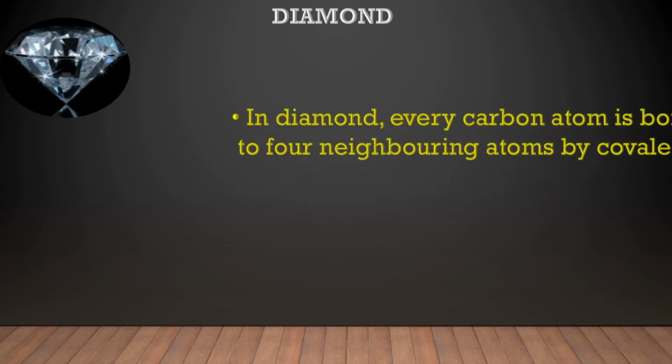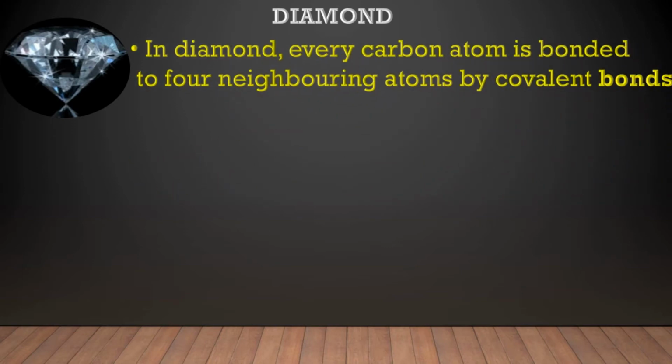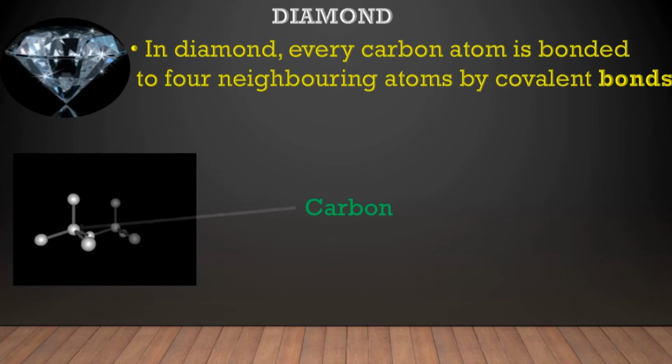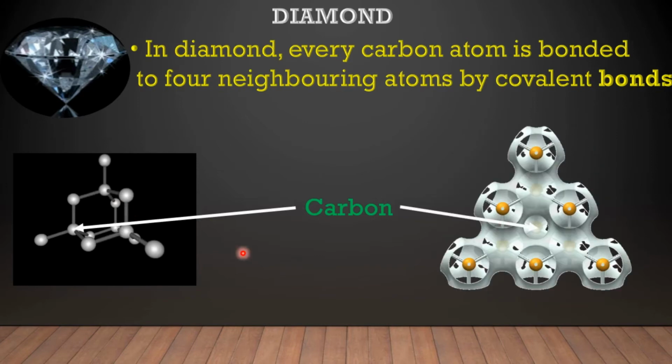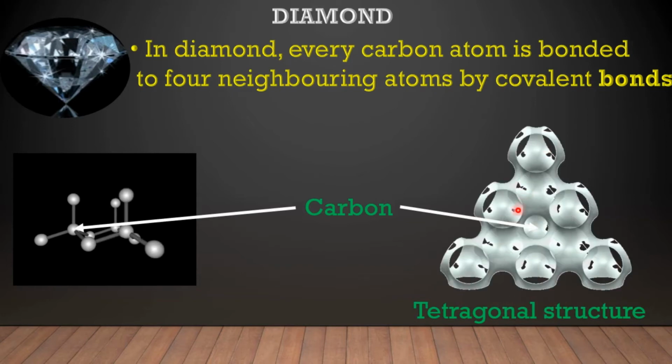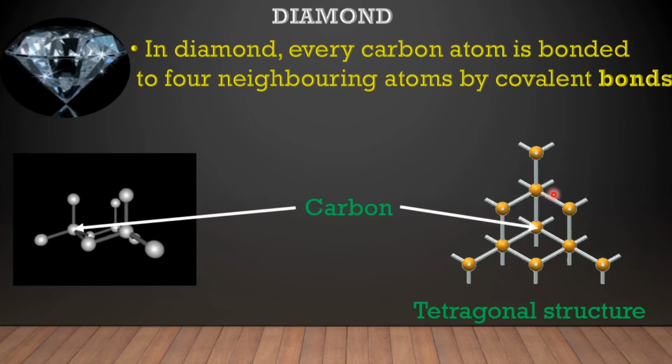In diamond, every carbon atom is bonded to neighboring atoms by covalent bonds. Therefore, diamond has a tetrahedral three-dimensional structure which makes it a very hard substance.